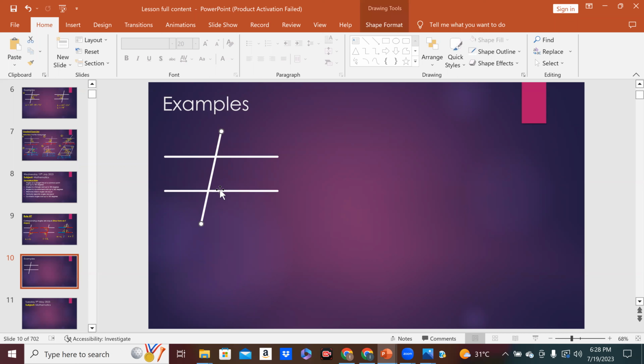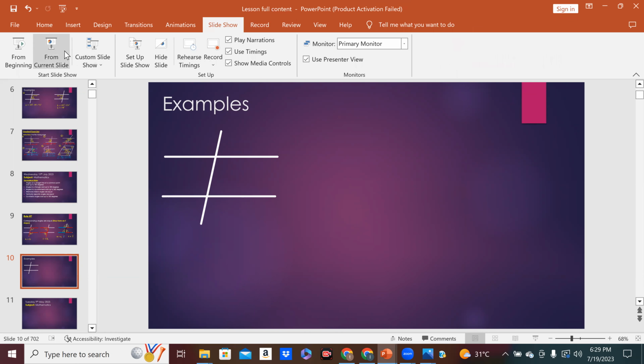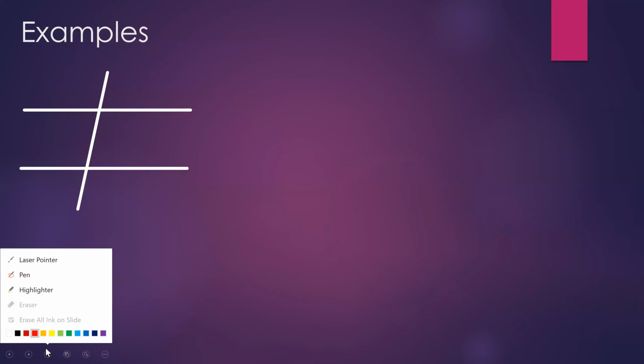Good. Let's say that this is example number 1. All right, and let's say that this angle right here is 45 degrees. What is the size of angle M? Okay, that's for you to answer.